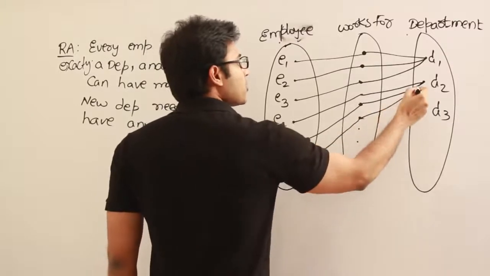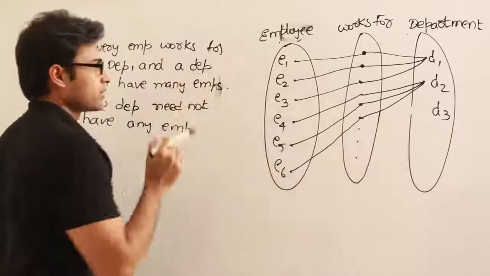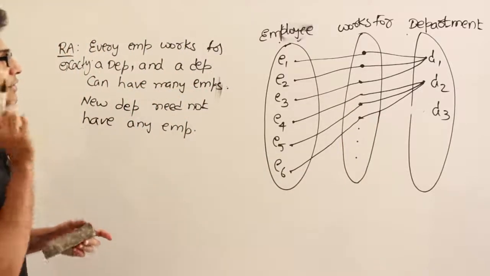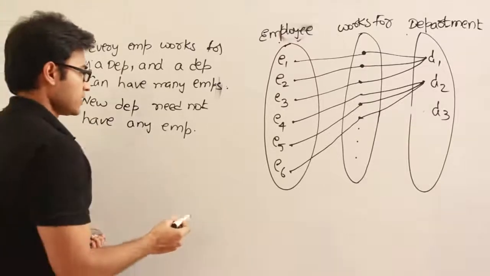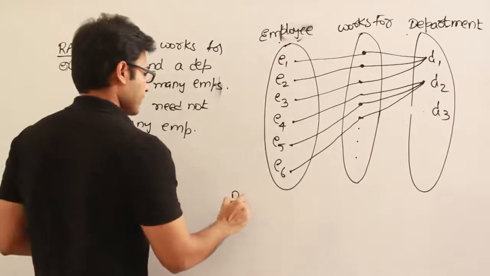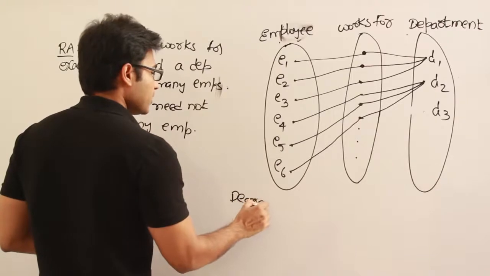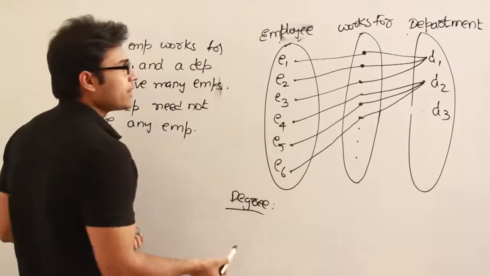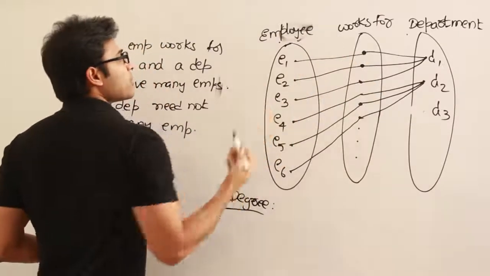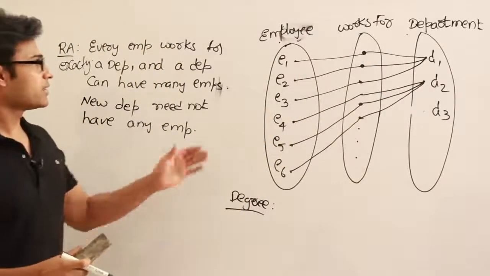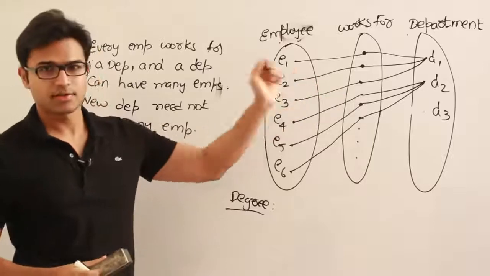Now we are going to talk about some few characteristics of the relationship. So now works for is a relationship. So one characteristic is degree. So degree is nothing but in every relationship, right, how many entity sets are participating. So one entity set is employee, another entity set is department.